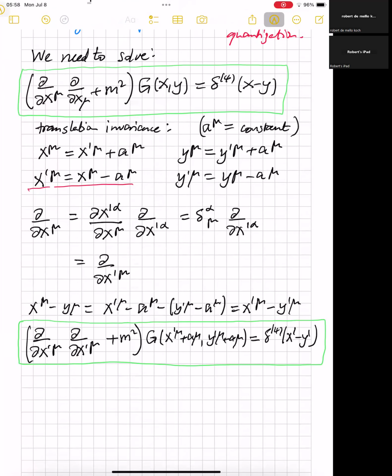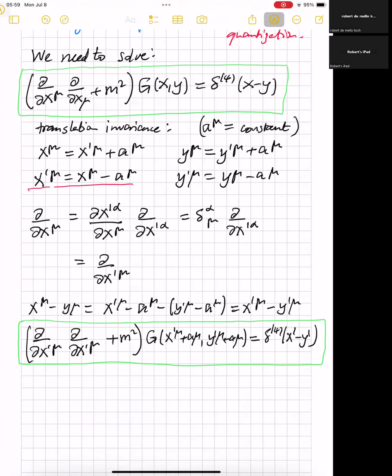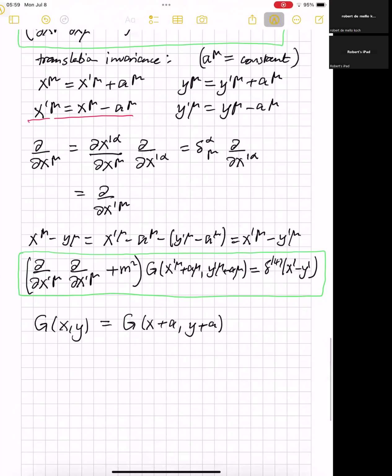So if I solve the green box above and get an answer, I'm going to get exactly the same function as I'll get by solving the green box below. So the conclusion from this analysis is that G(x, y) is equal to G(x plus a, y plus a) for any constant a.